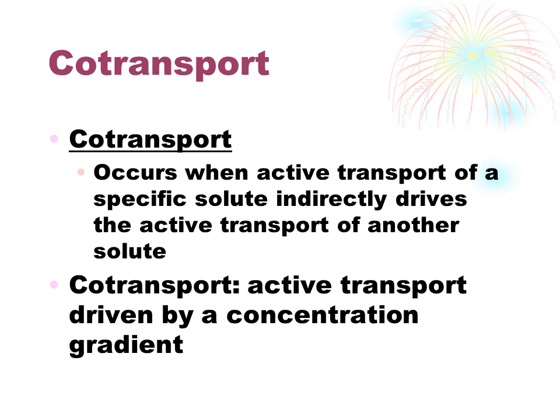And we'll look at a picture to help clarify this a little bit. But cotransport is active transport driven by a concentration gradient. So it's because of that concentration gradient that we're able to uptake some other molecule in the process.